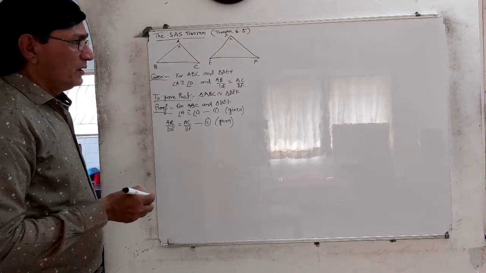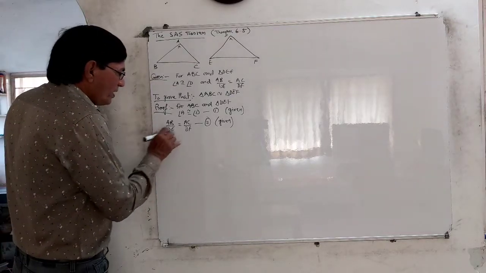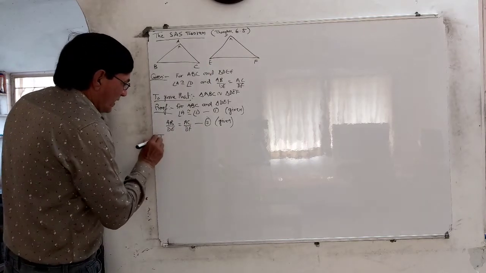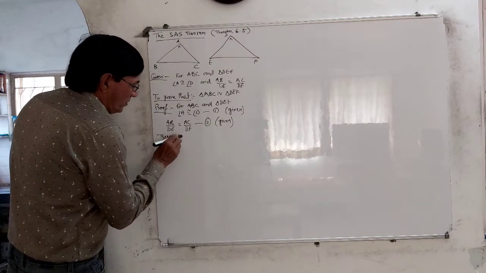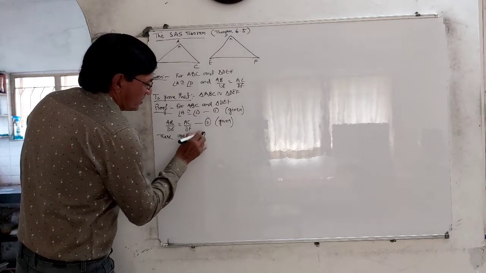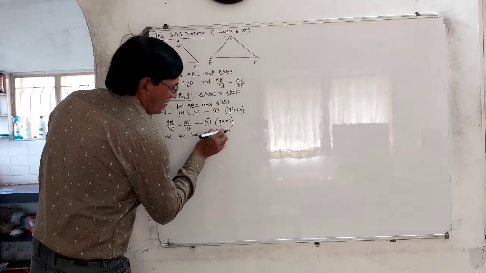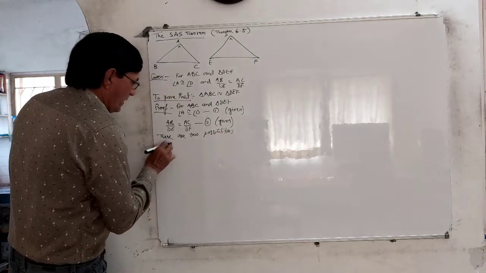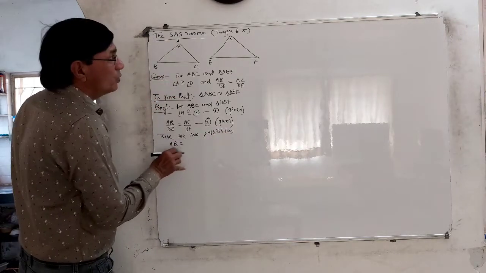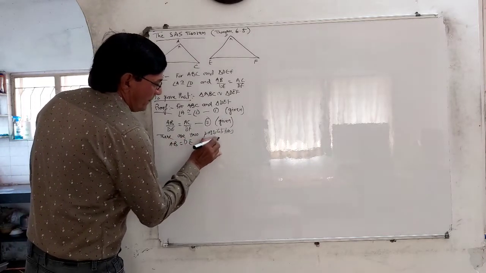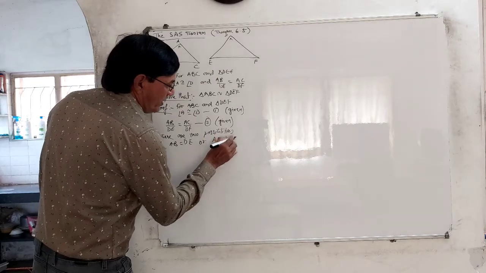Now see, between AB and DE there are only two possibilities. Number 1, AB is equal to DE, or AB is not equal to DE.